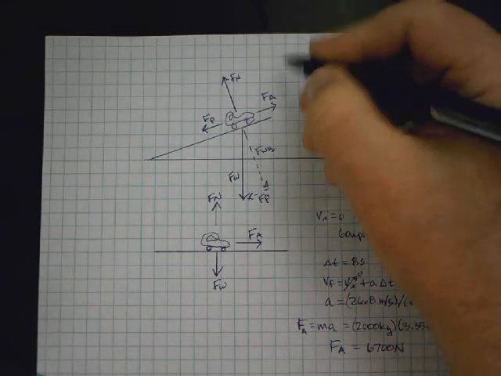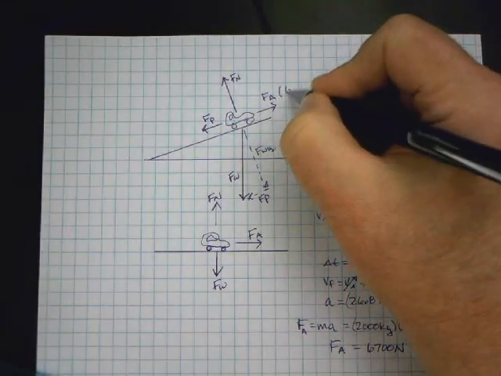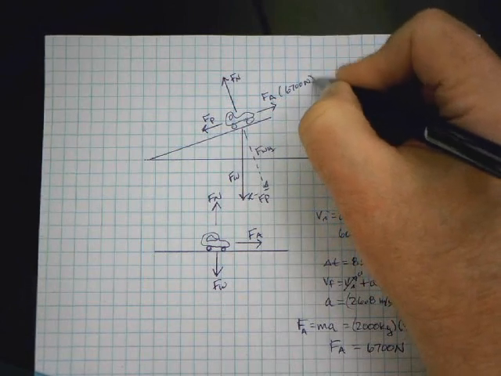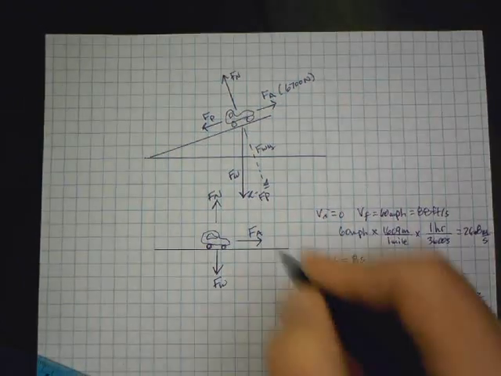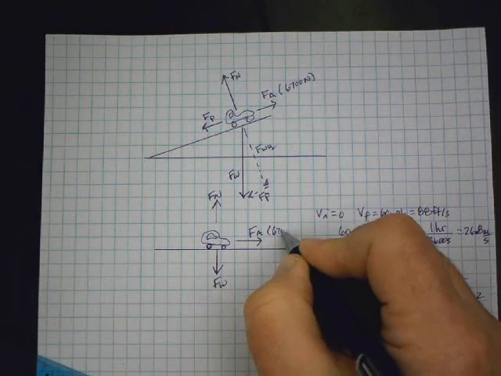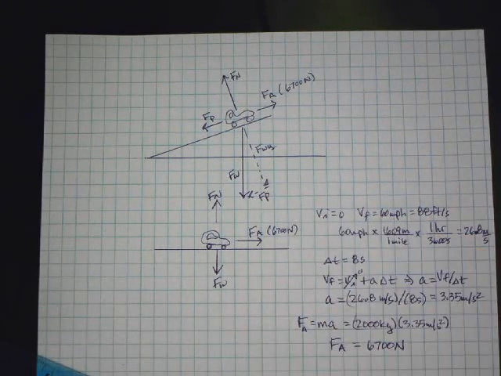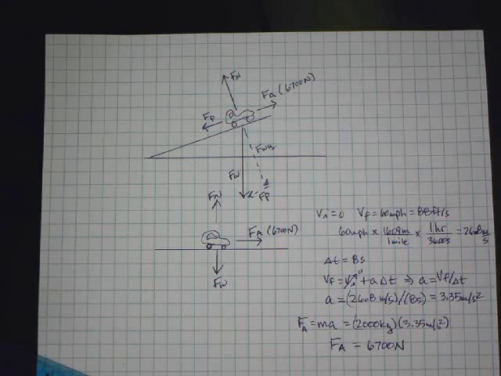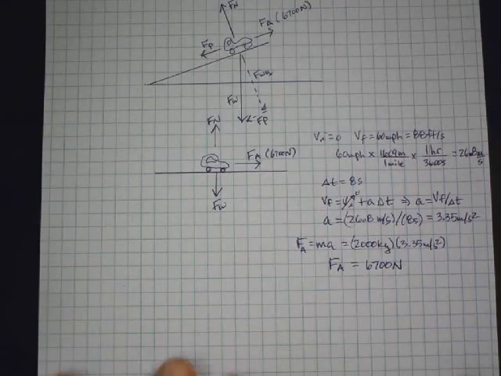So this part here is going to be 6,700 newtons. Because we want to use the same amount of force to go up the hill that we were using to go from 0 to 60 on flat ground. Now, so that's the first part.